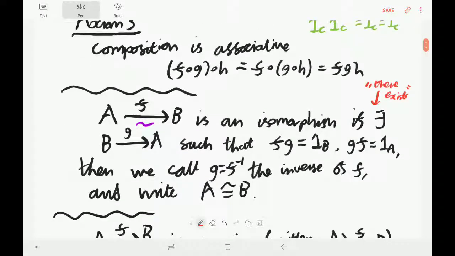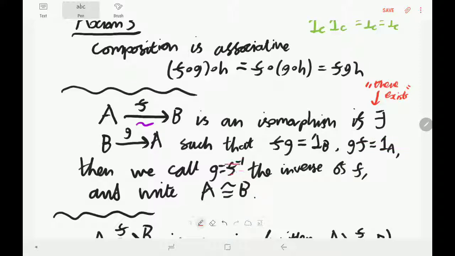Now, an isomorphism is a special kind of arrow from A to B. For an isomorphism F, sometimes we'll put a tilde underneath the arrow or next to the arrow to denote that it's an isomorphism. Isomorphisms are characterized by having inverses that go in the opposite direction, so an inverse G, such that FG is 1B and GF is 1A.